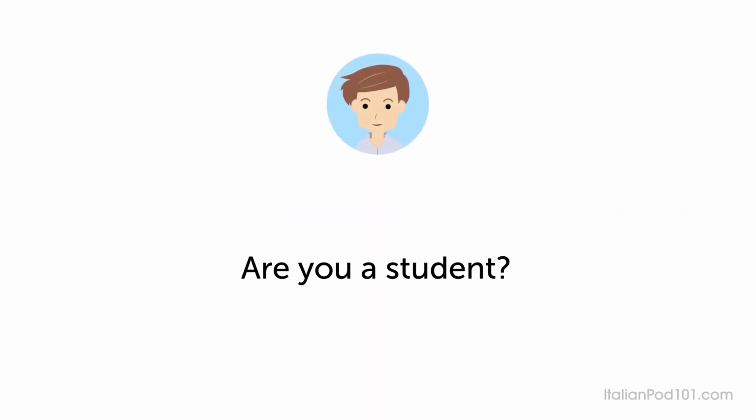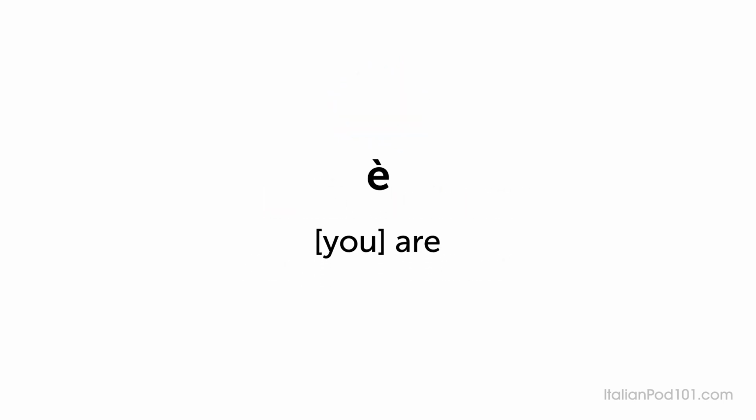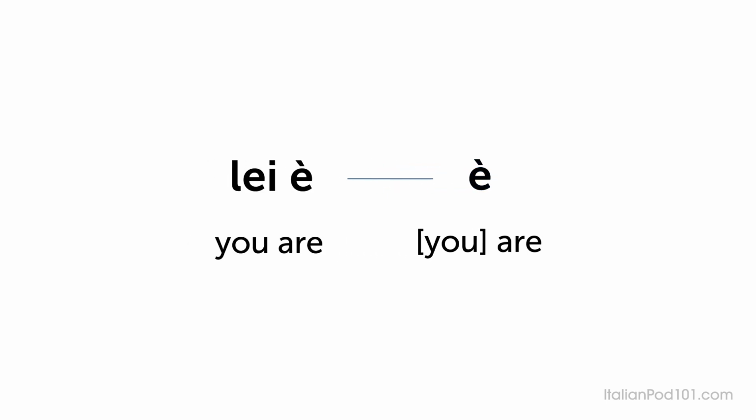Let's take a closer look at the conversation. Do you remember how Mark asks, "Are you a student?" È studente? First is È, you are when using formal Italian. Note, È is a shortened form of Lei è, you are. In Italian, Lei, you, when using formal Italian, can be omitted when it is understood from context.